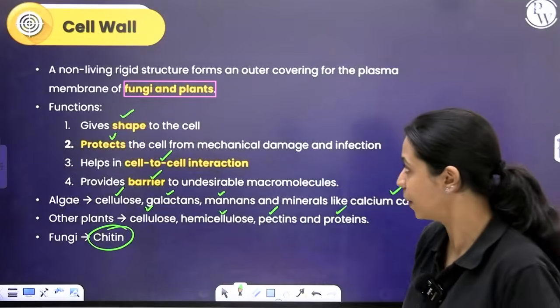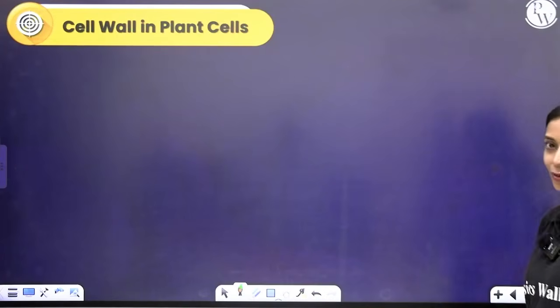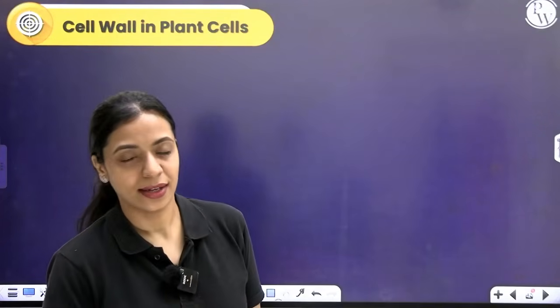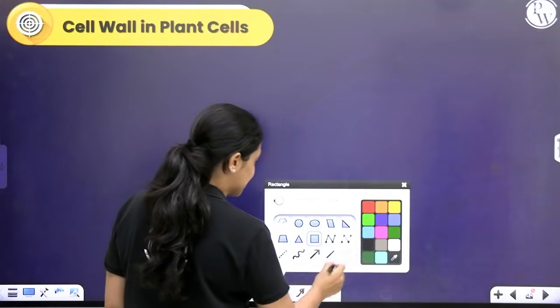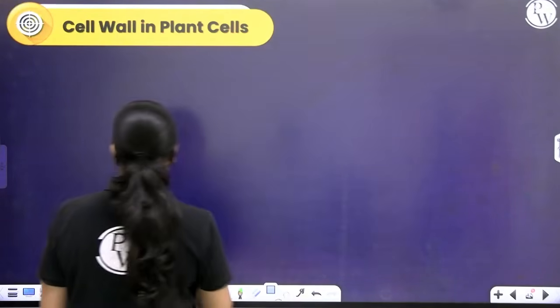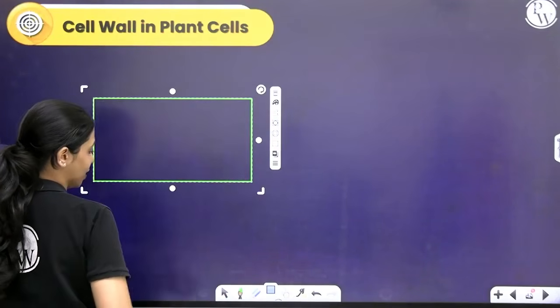I hope you remember. So what is the structure of a plant cell wall? That's what you have to study. In higher plants, what is the cell wall like? In higher plants, the cell wall can be of many different layers. Let's take a plant cell for example. Okay. So this plant has a cell wall.